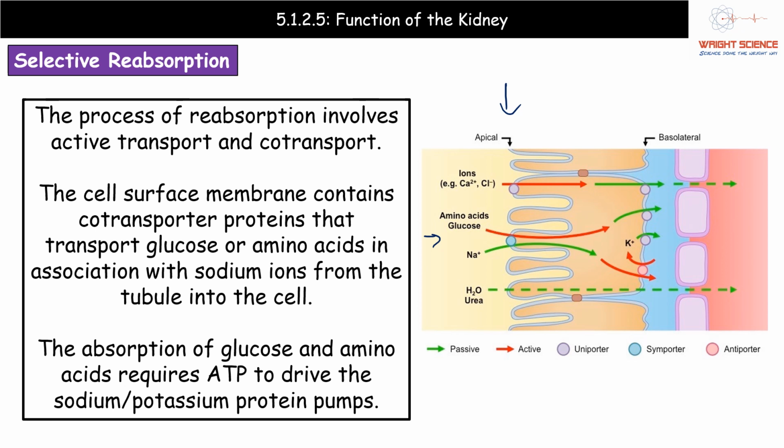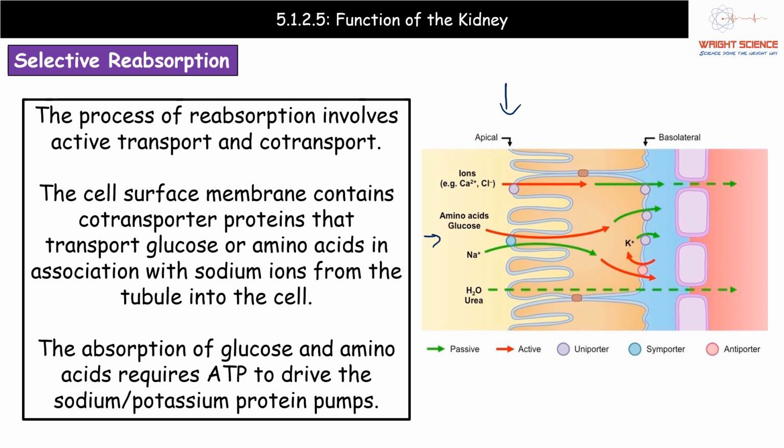That's the little blue circle we can see there. Now what we can see is amino acids or glucose are on our little red line, and then we've got our sodium ions on the little green arrow underneath. So what's actually happening is we are moving the amino acids or glucose alongside the sodium ions through that co-transporter protein, and they're going from the tubule into the cell itself.